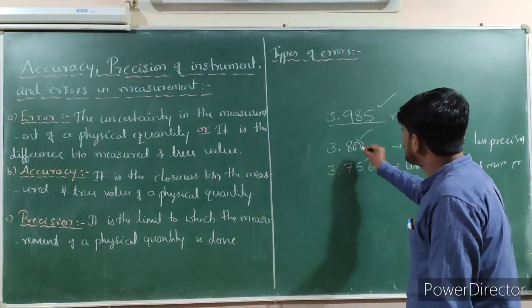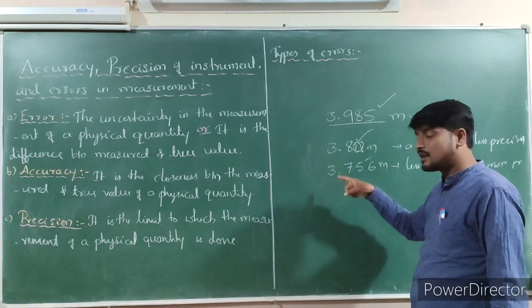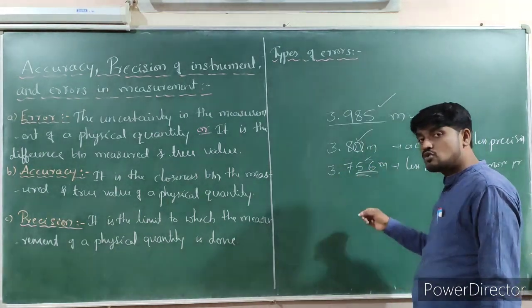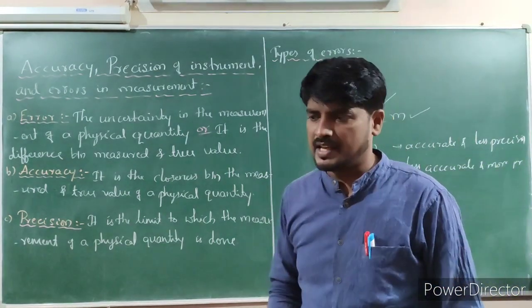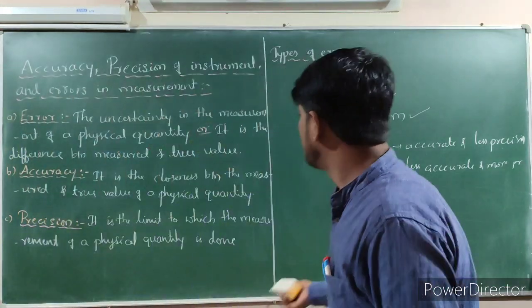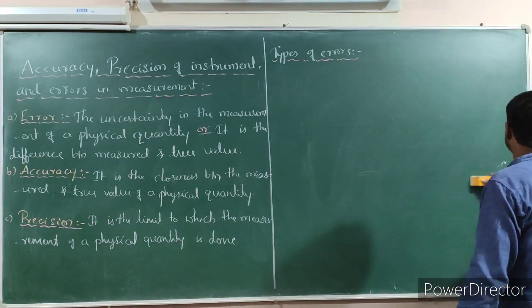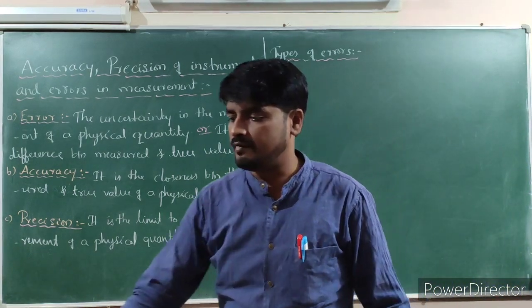No, this is not possible. So he restricted himself to 3.8, but the other measured with another apparatus 3.756 meters, with two more digits. Hence it is less accurate but more precise. In this way we can study precision: the limit at which we are measuring the true value to the measured value.